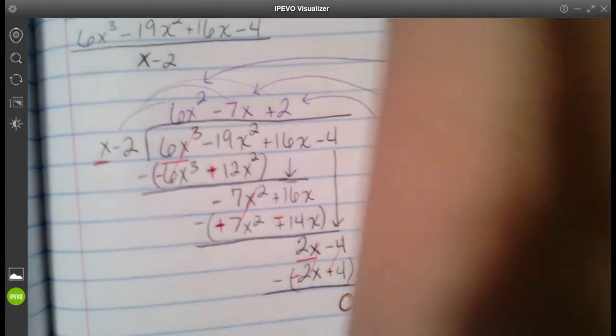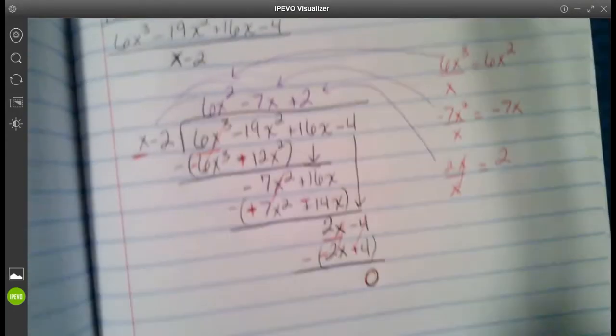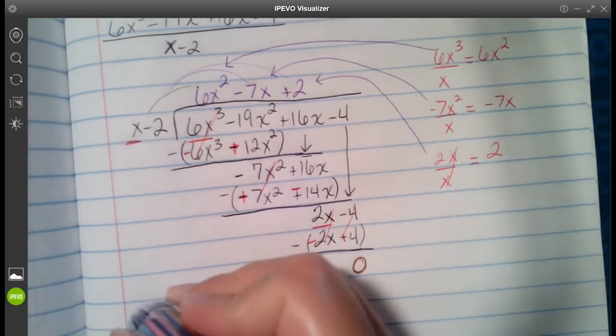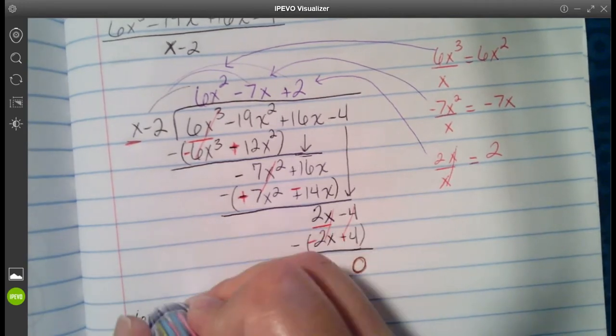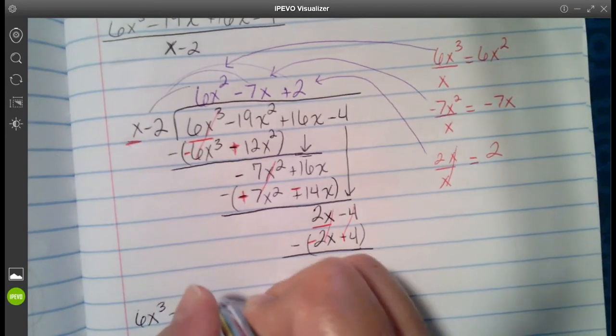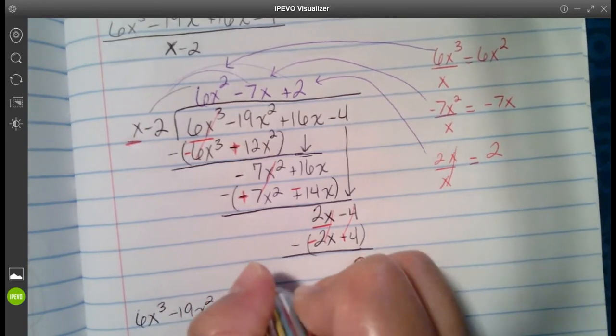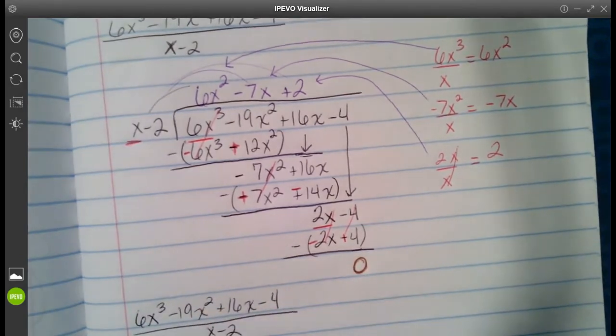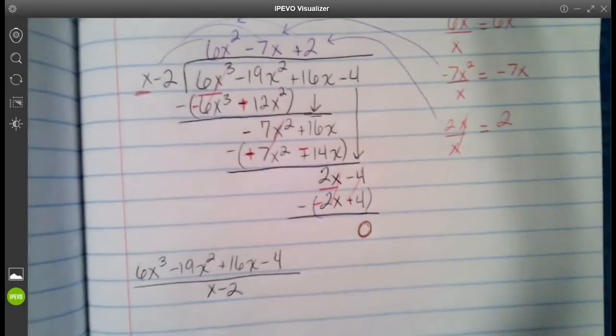So let me go ahead and write it out first, and then we'll go ahead and do a little bit more with this one because we can, okay? So in answer to our division, we're going to have our problem to begin with. So 6x cubed minus 19x squared plus 16x minus 4 divided by the divisor x minus 2. Oh, I cannot see what I'm doing. There we go.